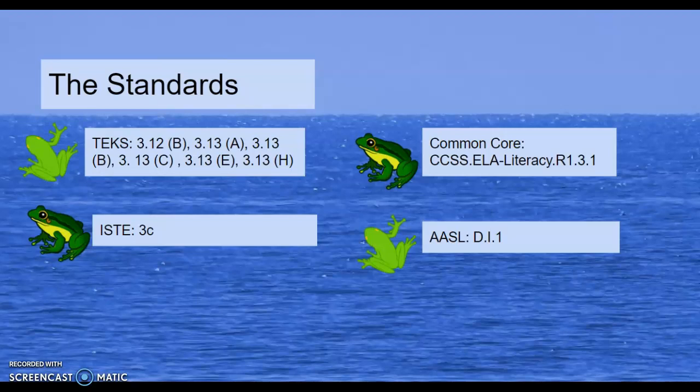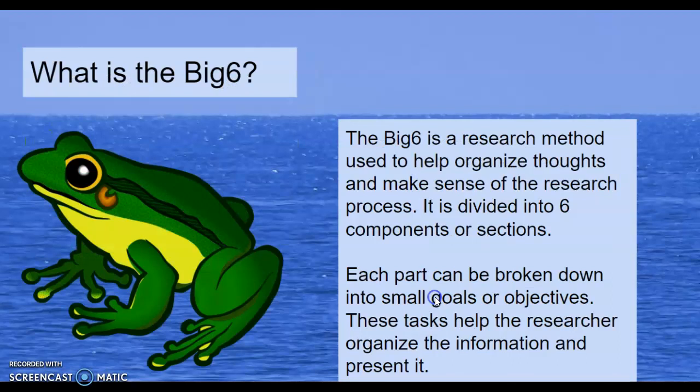We're going straight back to where we found that information and citing it correctly. We're going to be using our ISTE standard 3C as well as our American Association of School Librarians standard D.I1, looking at that inquiry and doing the research project. So all of our standards are based on looking at research, having a process, and going through that process.